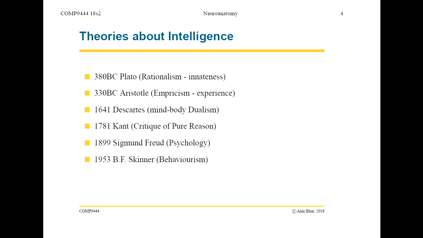Maybe the brain can influence the mind but not the other way around, or maybe the mind is something supernatural somehow, which can influence the brain and the body. It can go both ways. And these arguments are still going on today. The answer to that question hasn't really been resolved.